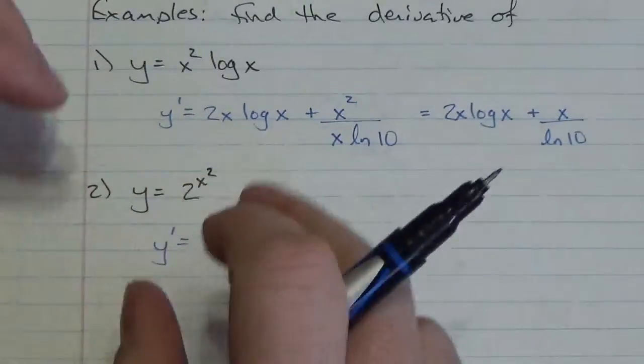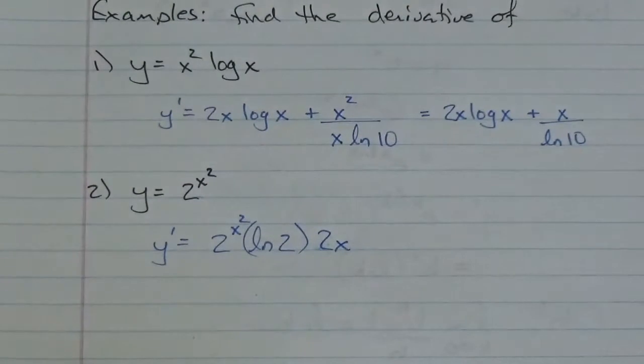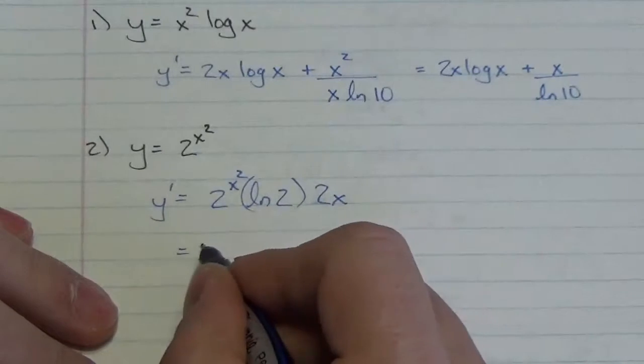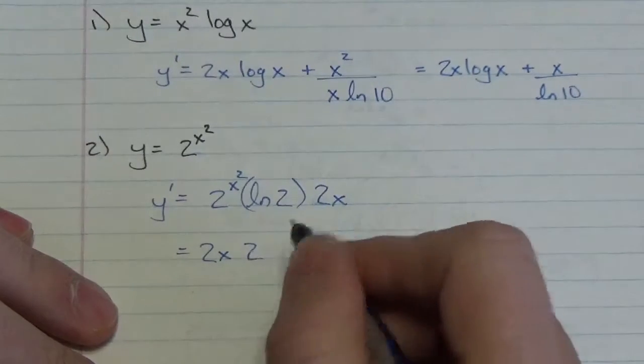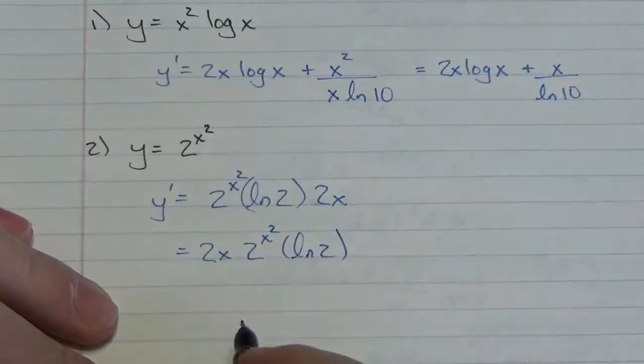Sorry, I got to take the derivative of x squared, and the derivative of x squared is going to be 2x. Now, in this particular case, there are a couple of things that we might do here. First of all, I'm going to move that 2x out front. So this becomes 2x, 2 to the x squared, multiplied by the natural log of 2.